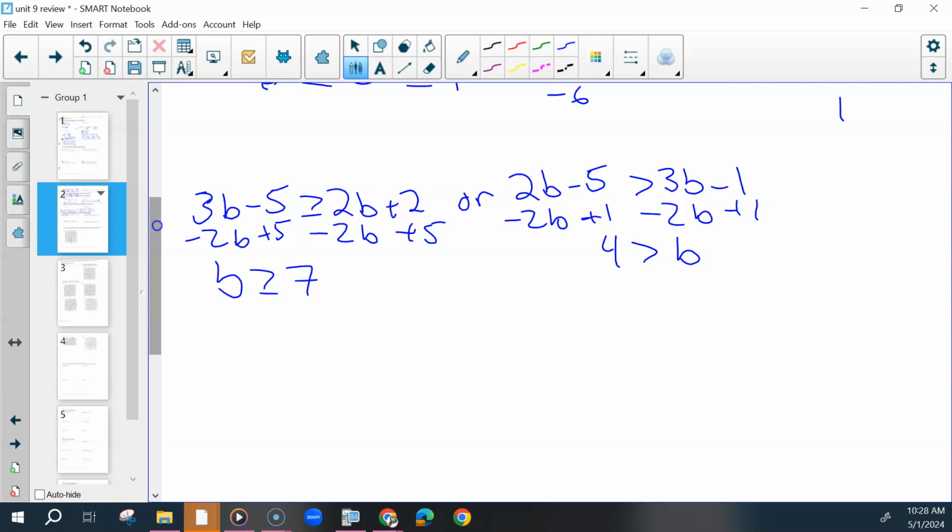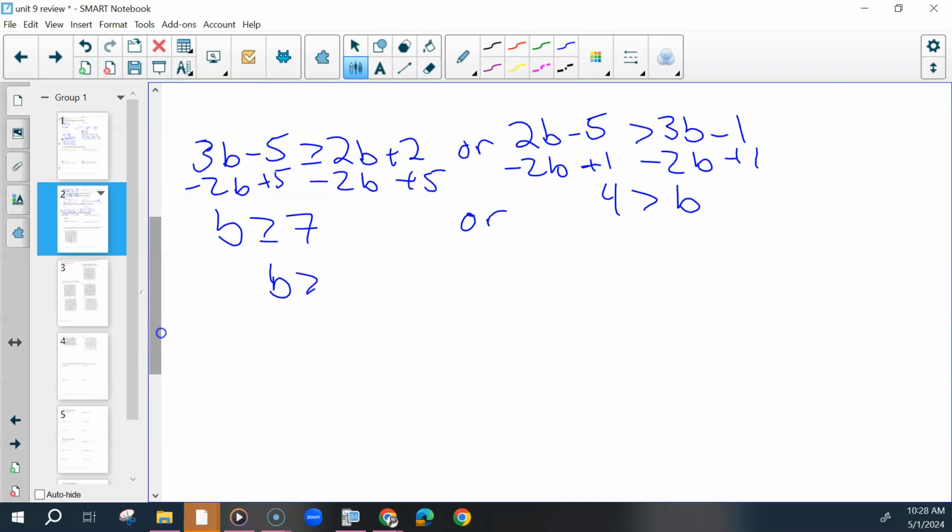You could leave this like this, but you do need to put an or in between. If you want to change the order of this one, you can do that also. You just take this whole thing and flip it. So those are the same things.